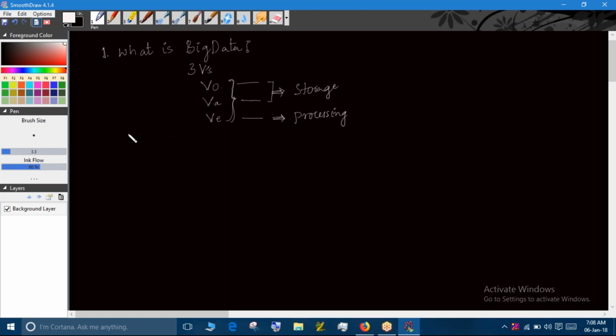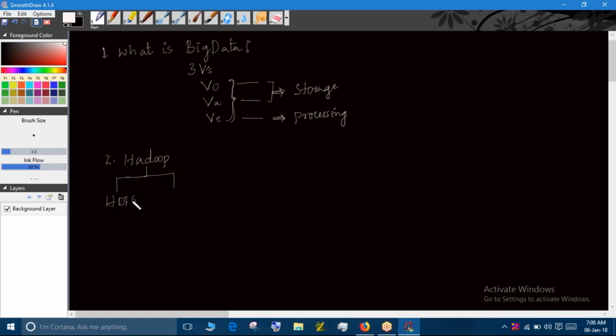So this being a problem statement, we have a solution to this problem statement in the form of Hadoop. So when I use a term called Hadoop, I said very clearly, it implicitly means both, what is that?